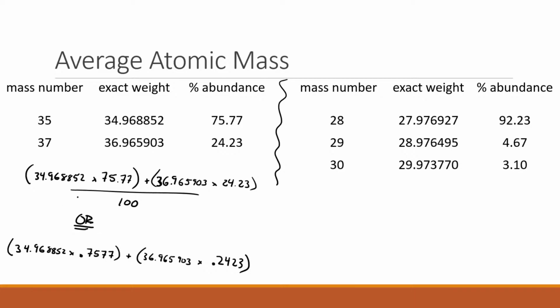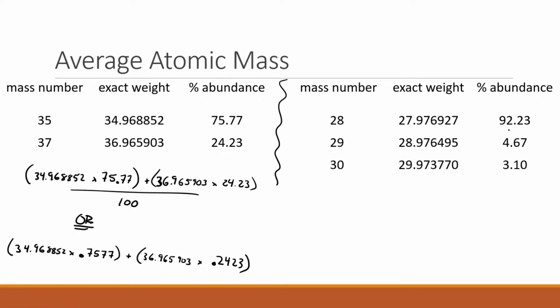Either option is totally valid. You can take your exact weight times your abundance as a percentage as given, or your exact weight times the decimal point version of your percentages.